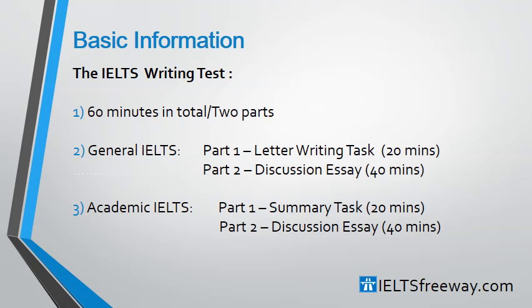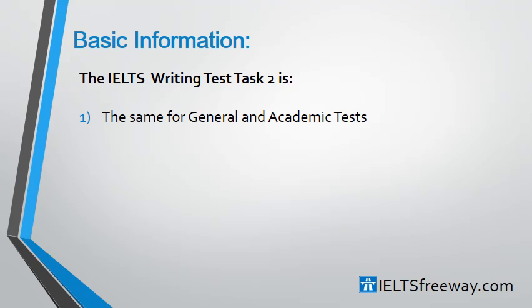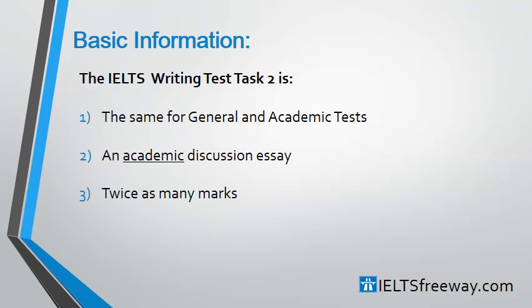However, part 2 is exactly the same for both papers. It's a formal academic discussion essay. There are twice as many marks for task 2 as there are for task 1. So if you want to improve your band score for your writing, it's particularly important to focus on improving your essay.